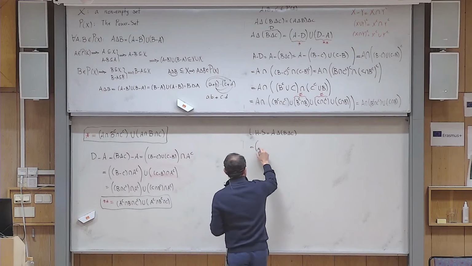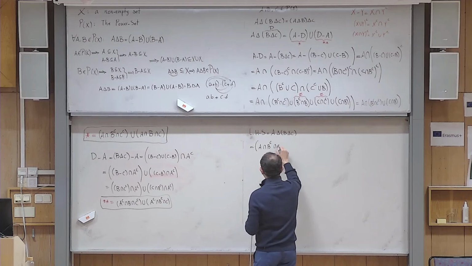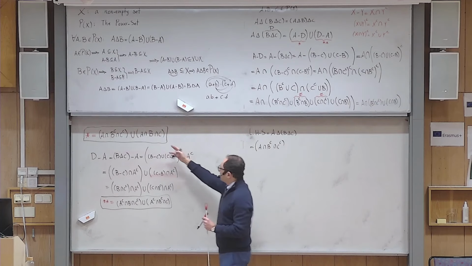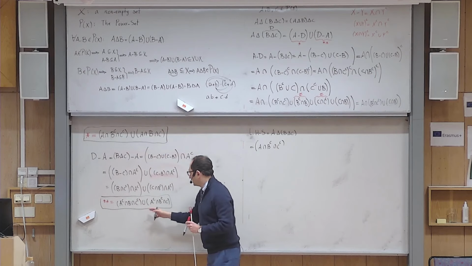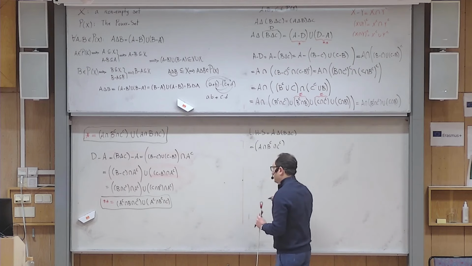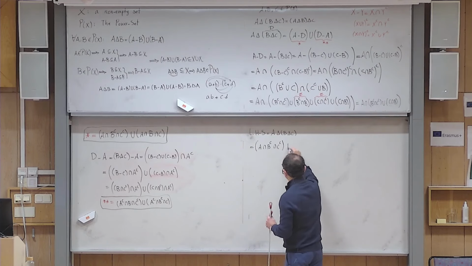So I would write A intersect B complement intersect C complement. Instead of writing this, let me write these two first because all of them are union. I just want to keep it in order so that it is easier to remember for the future. So it becomes union.